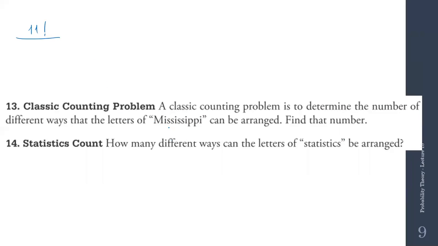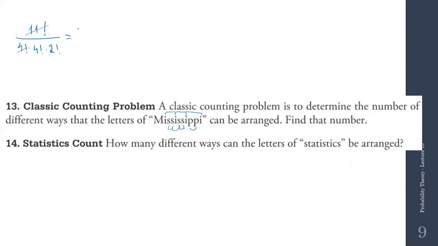Why? Because we have 4 S's, 4 I's, and double P. So we have to divide by 4 factorial of S's, 4 factorial of I's, and 2 factorial of P's. So we can cancel them.